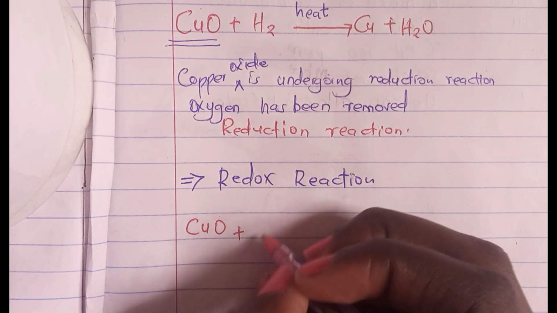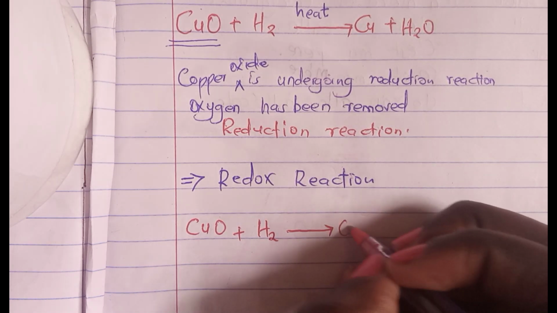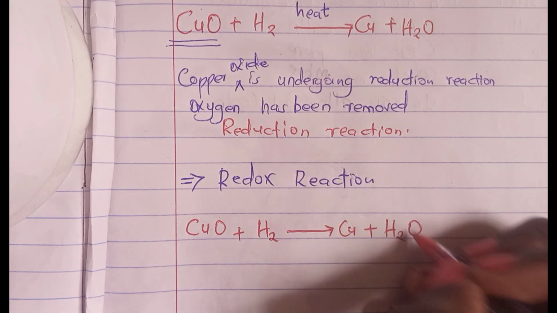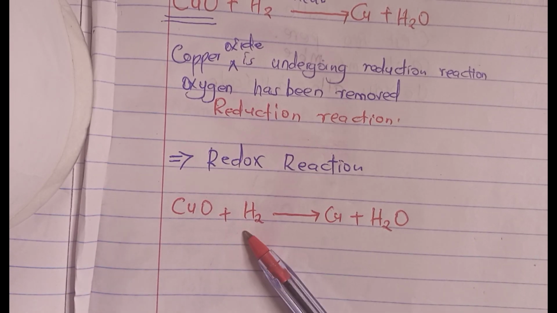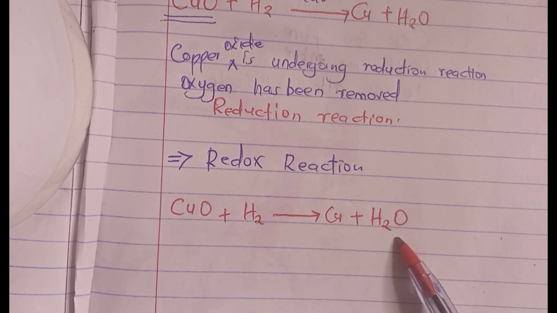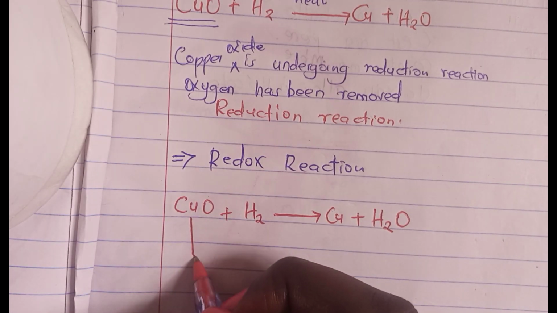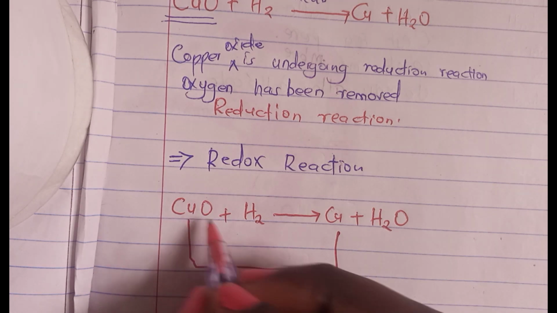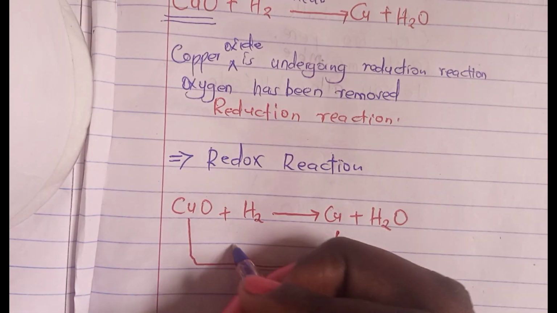Copper oxide plus hydrogen. I'm heating it to get copper plus water. Copper oxide, I'm burning it in the presence of hydrogen to get copper plus water. So copper oxide is undergoing reduction so that you can get copper metal. Oxygen is being removed from copper. So this process is reduction.